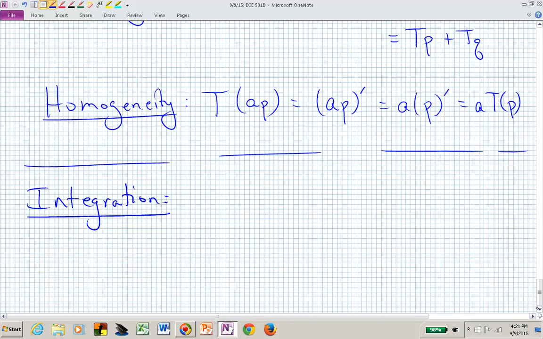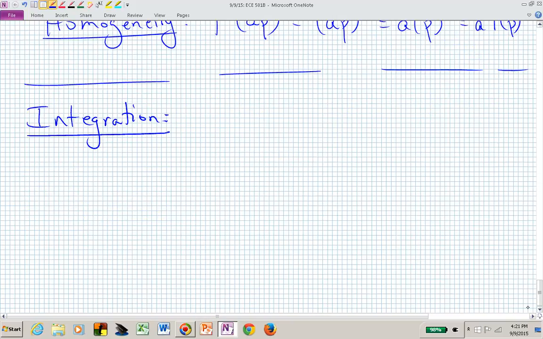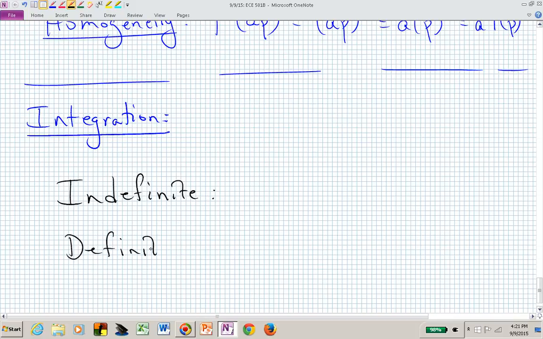What about integration? Here we could look at two different types of integration. We have indefinite integration and definite integration.